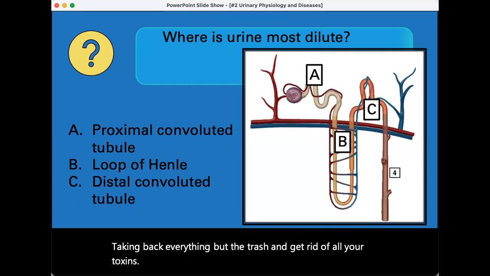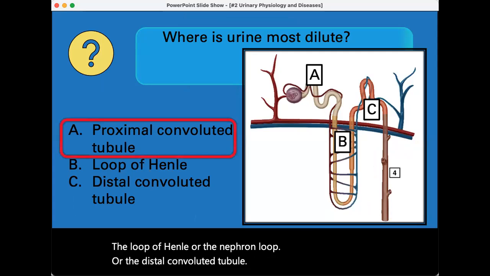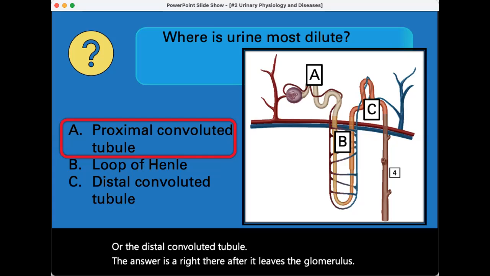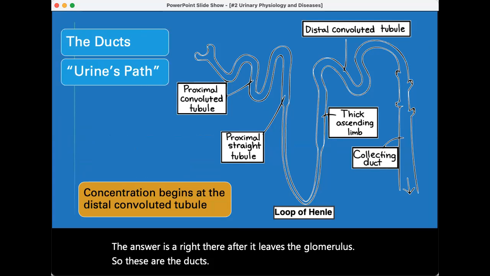Next question, where is urine most dilute? A, proximal convoluted tubule. B, the loop of Henle or the nephron loop. Or C, the distal convoluted tubule. The answer is A, right there after it leaves the glomerulus. So these are the ducts shown here.